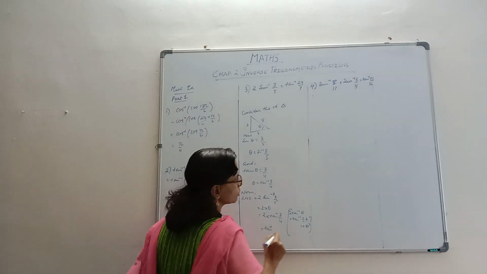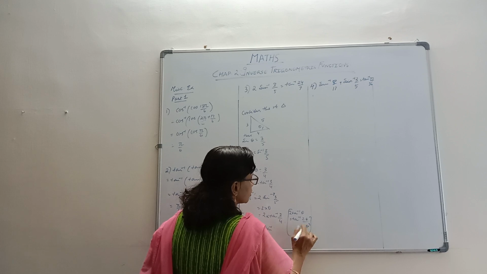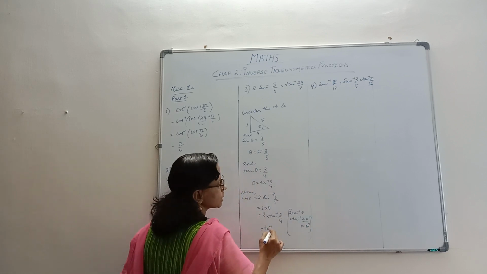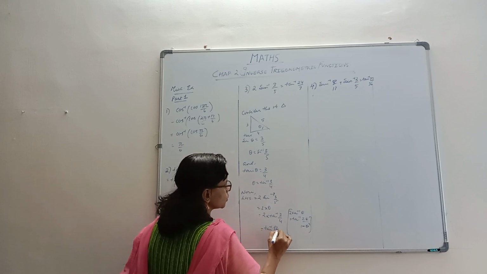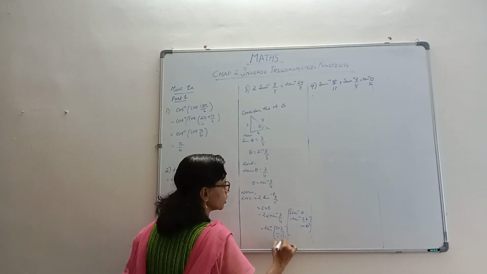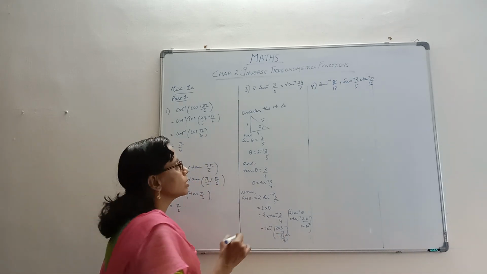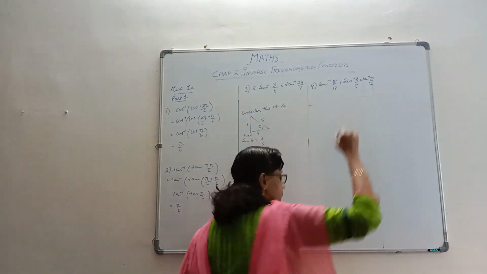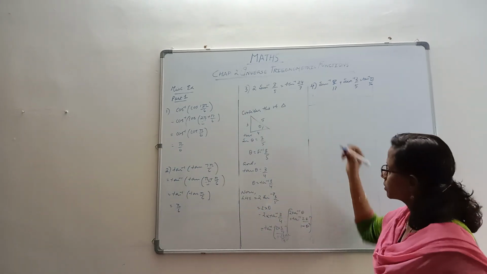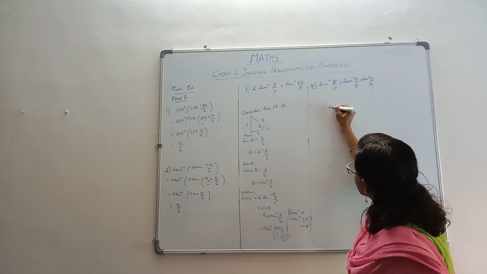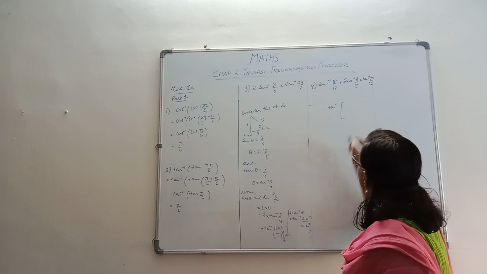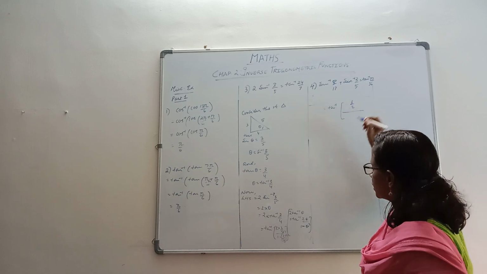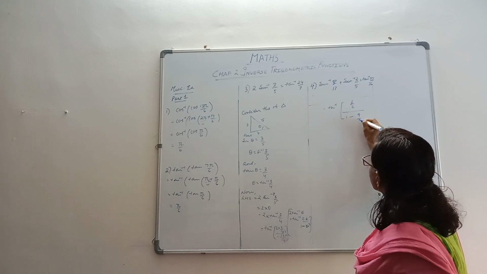Tan inverse of 2 into 3 by 4 by 1 minus 3 by 4 the whole square. So let's see what happens. This will come to tan inverse of 3 by 2 by 1 minus 9 by 16.